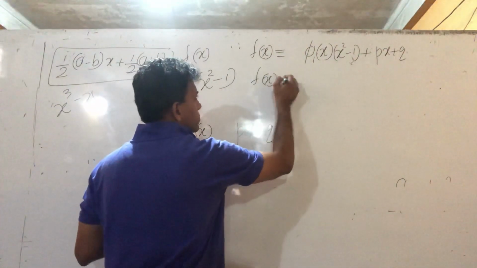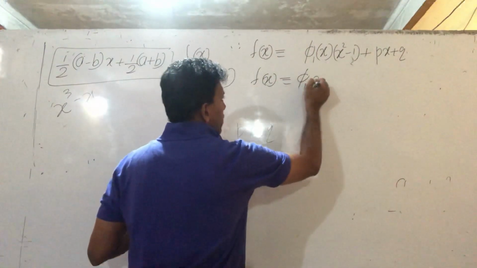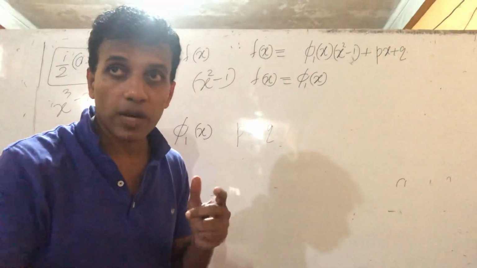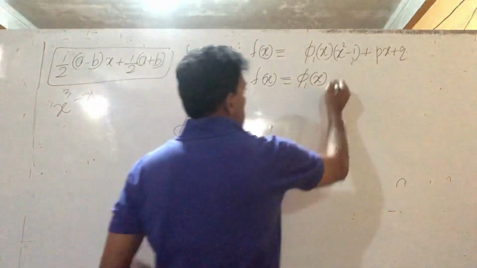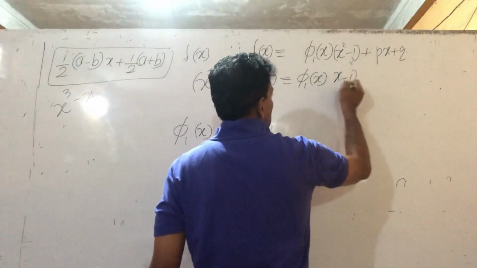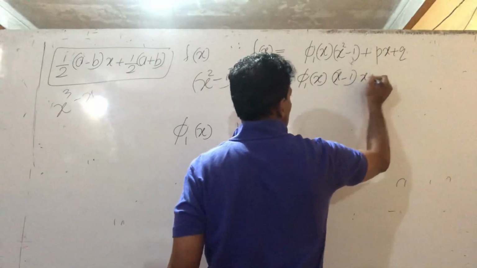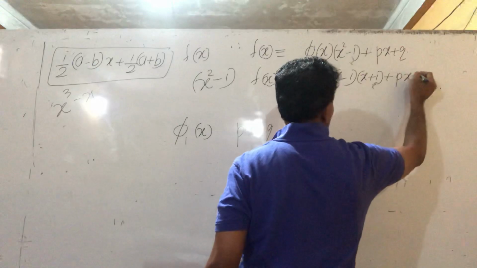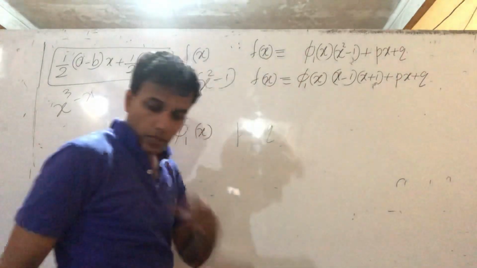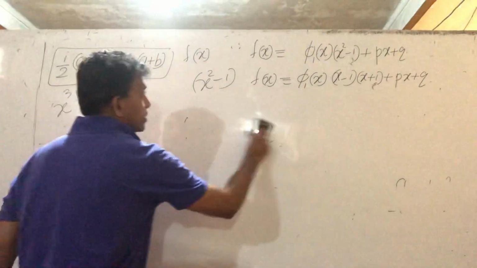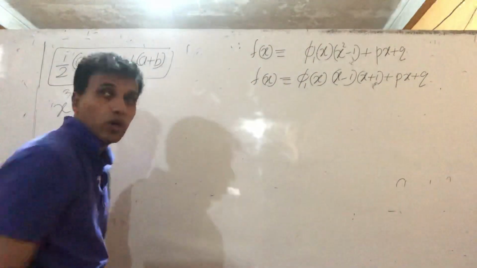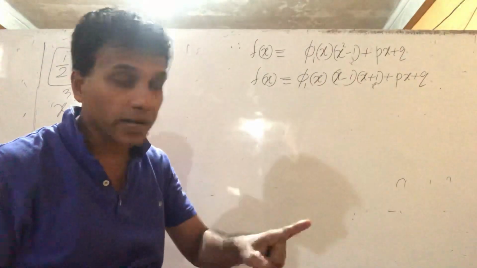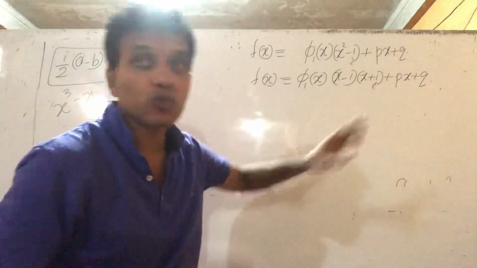So write another step there. f(x) equals phi 1(x) into x squared minus 1, in a squared minus b squared form, (x minus 1)(x plus 1), plus px plus q. Okay, now apply this method to find p and q. Two ways to make this part 0: put x equals 1 and put x equals minus 1.